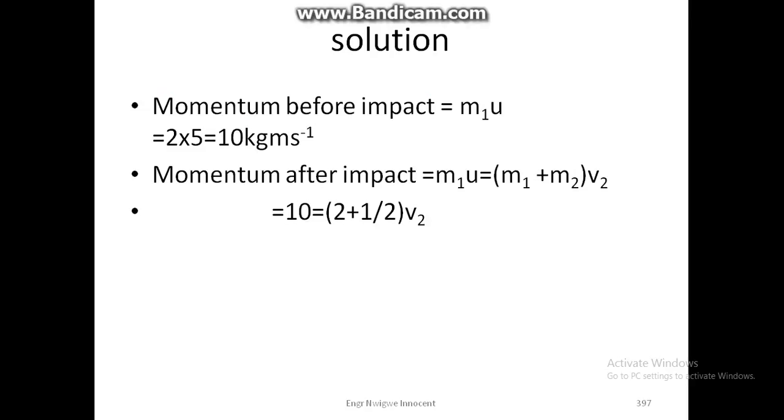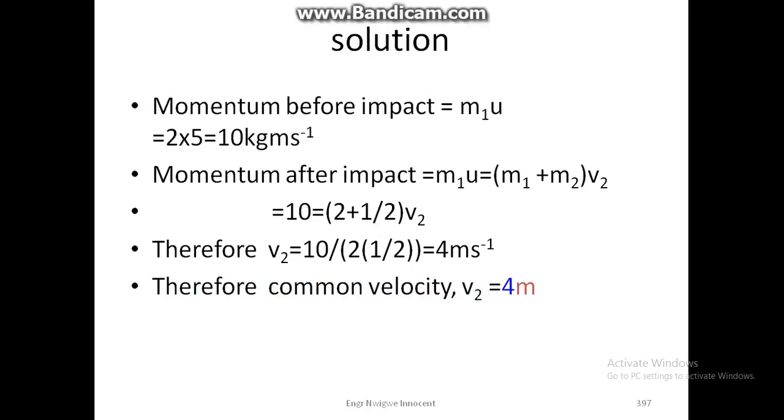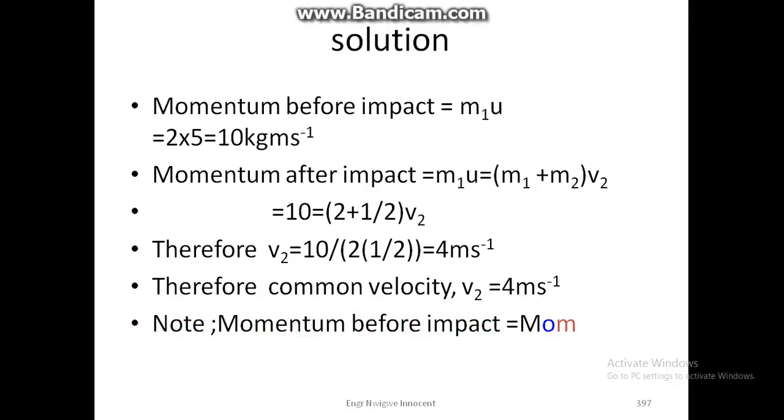Therefore, v2 is equal to 10 over (2 plus 1/2), to give us 4 meters per second. Therefore, the common velocity v2 is equal to 4 meters per second. Note, momentum before impact is equal to momentum after impact.